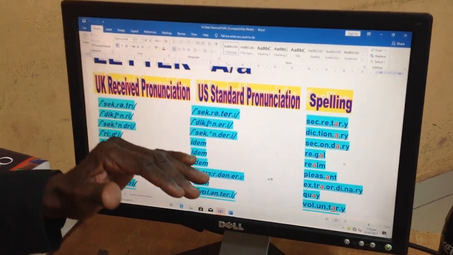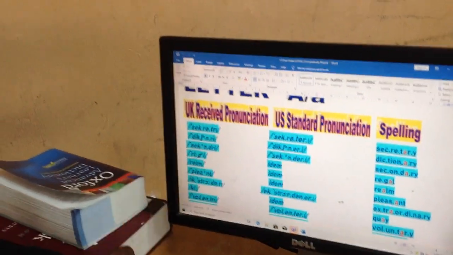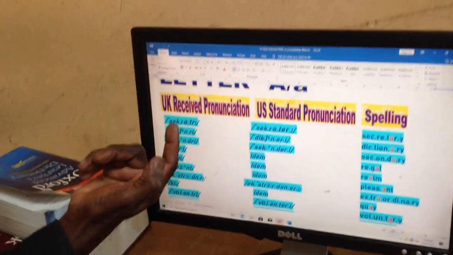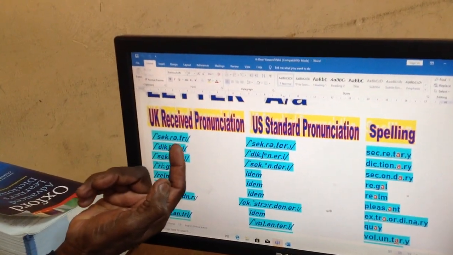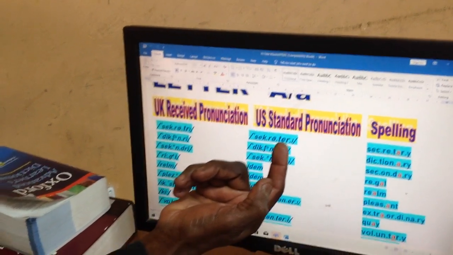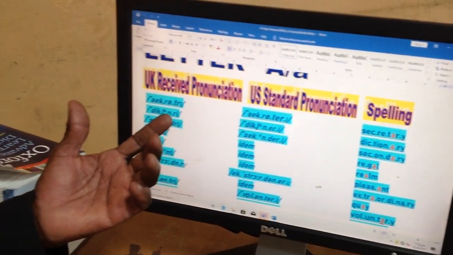And on the phonetic transcriptions, it will help us pronounce correctly. This is for the pronunciation. For instance, when you come to the UK, you say secretary, secretary. But in America, that will be pronounced as secretary, secretary. Same with dictionary, dictionary.